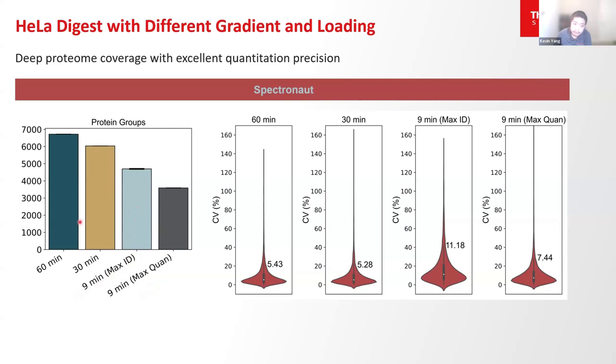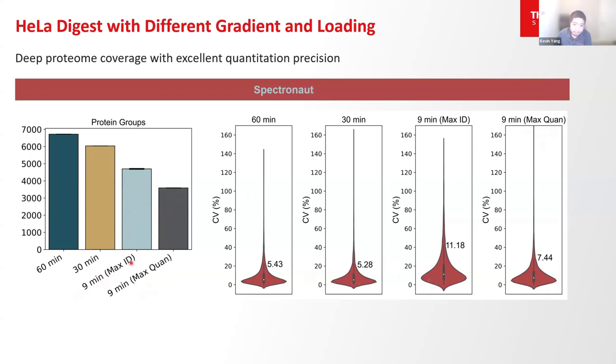For the max quantitation, the IDs suffer a little bit, right? You can get only close to 4,000 proteins. But if you look at the quantitation precision, it clearly shows that if you use the 9 minute max quant method, the CV is still below 8%. So that is the quantitation you can still get with such a high throughput.